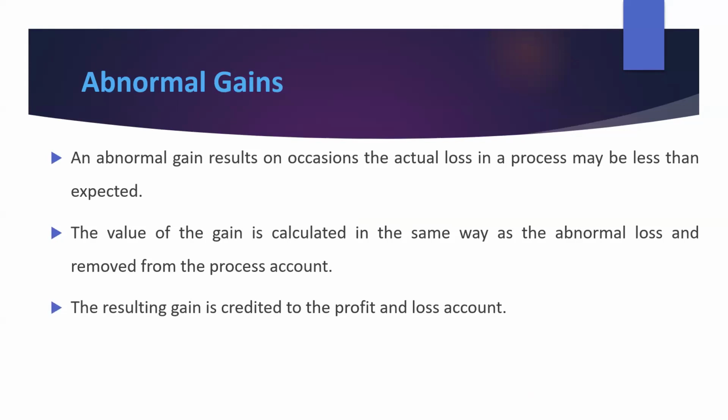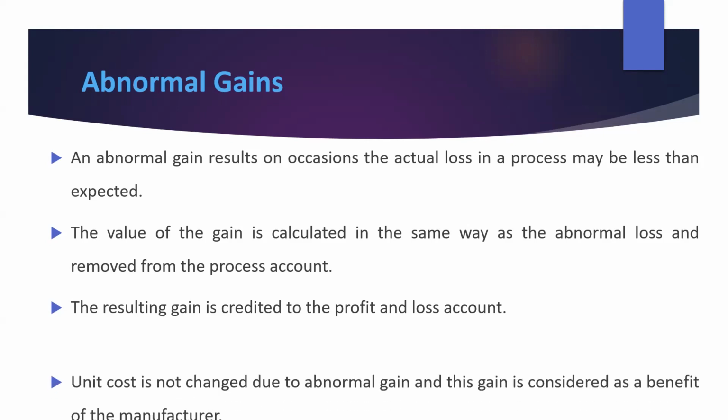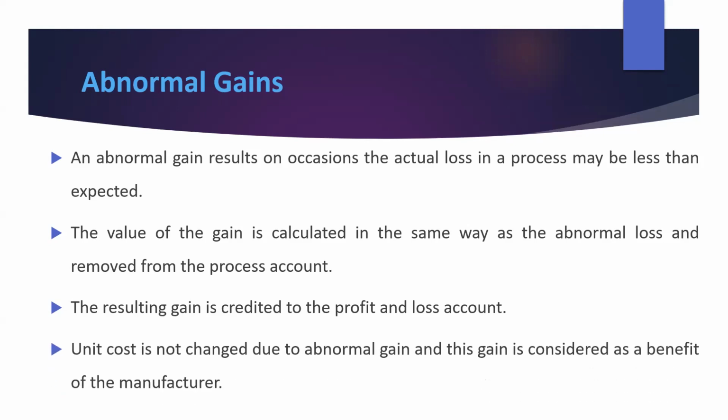The resulting gain is credited to the profit and loss account. Unit cost is not changed due to abnormal gain. And this gain is considered as a benefit to the manufacturer.